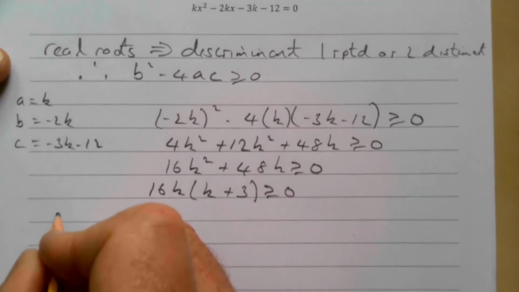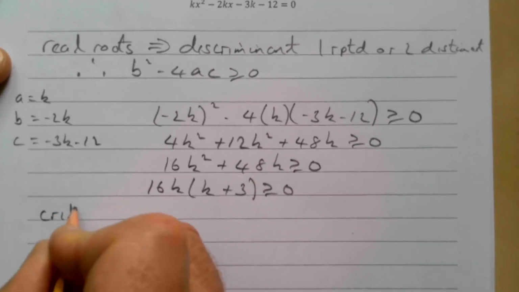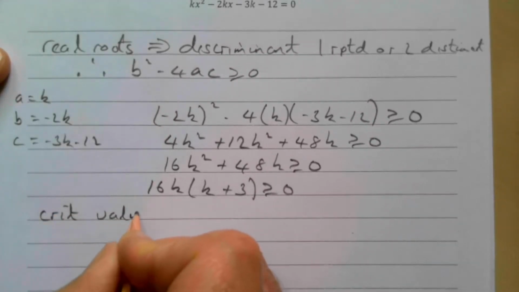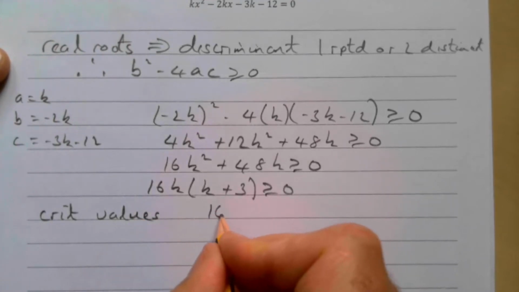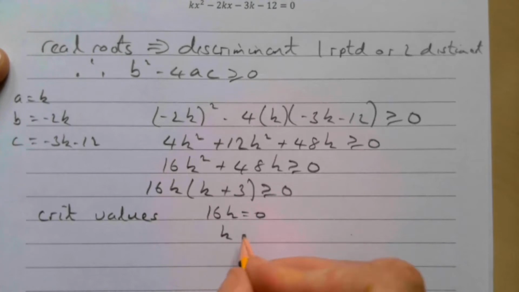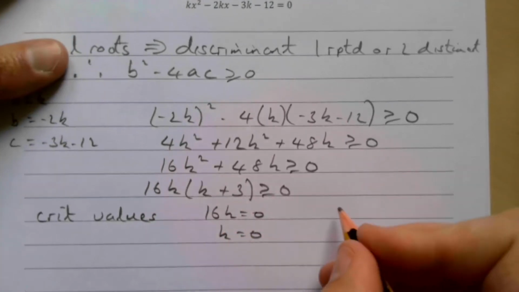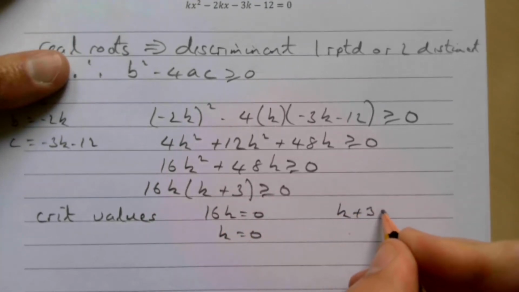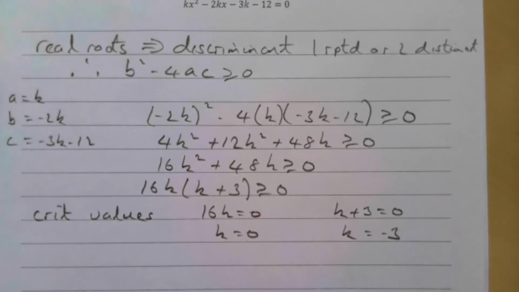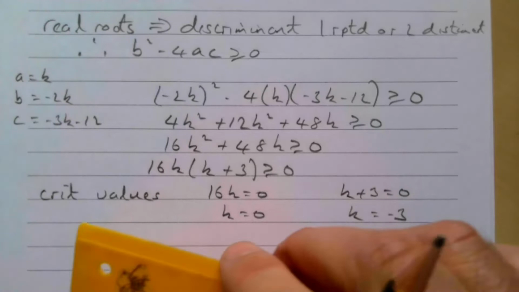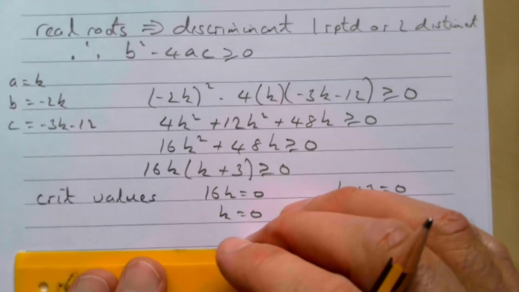So my critical values are going to be 16k equals 0. That gives me k is 0, or else k plus 3 equals 0. So k then is minus 3. So if we set up our wee table, then we can see what values we're looking for.